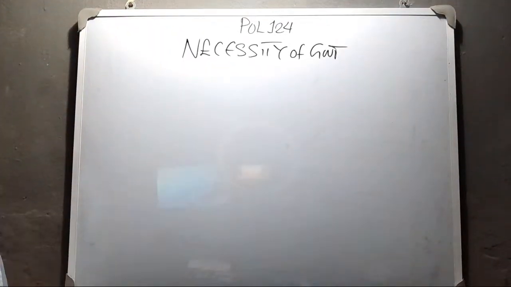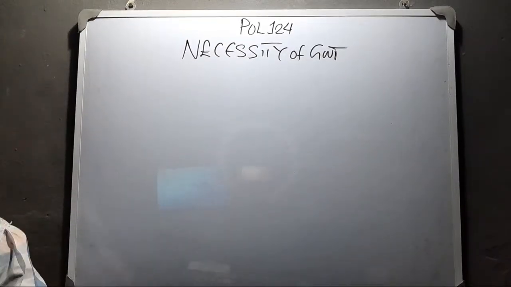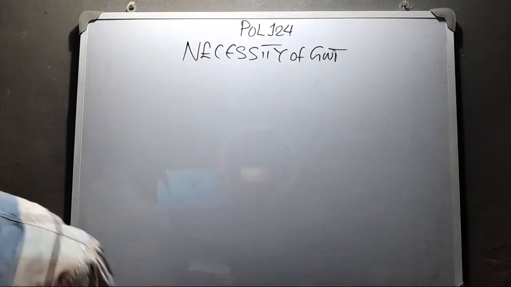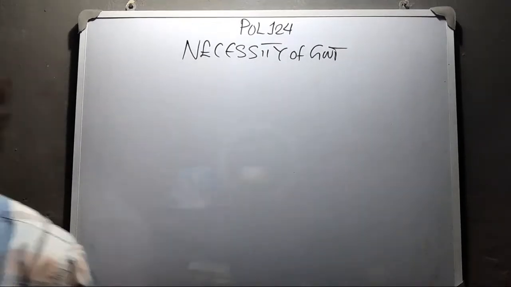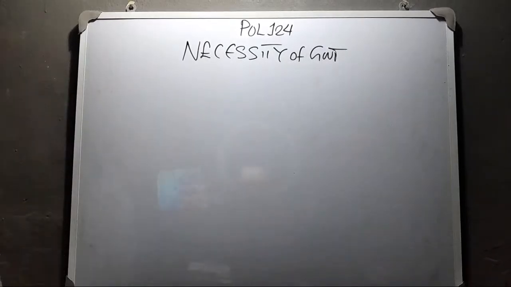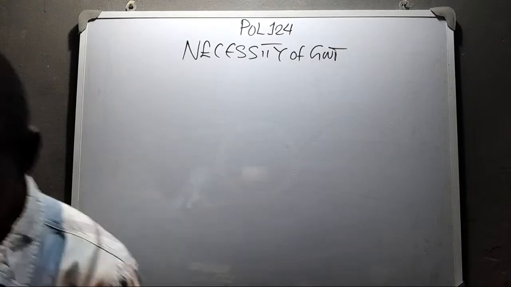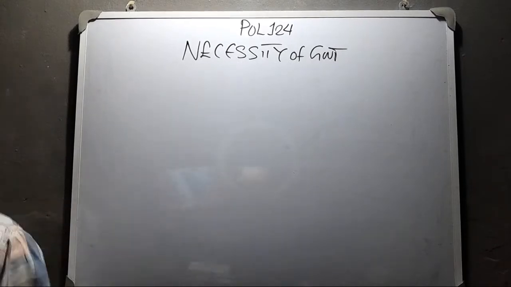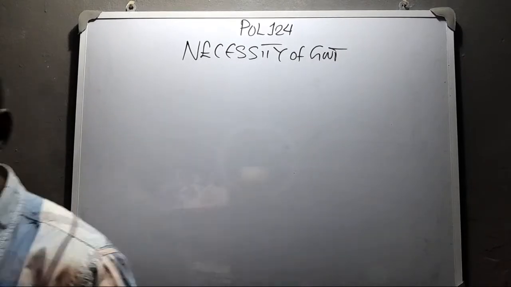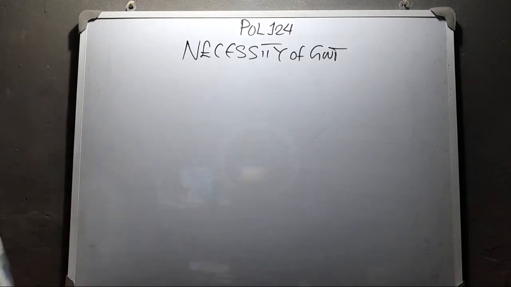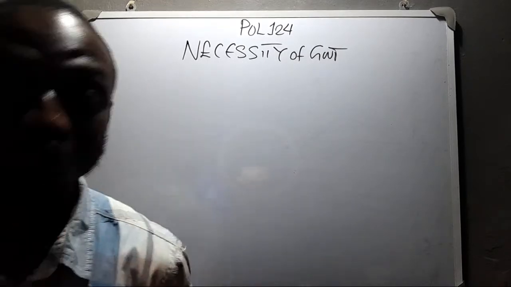So what are the necessities? Why is it necessary? Why do we have government? We're going to be looking at certain definitions from different philosophers about what they feel about the term government. Now, the idea of government, its origin and necessities are both bogus and revolutionary approaches.